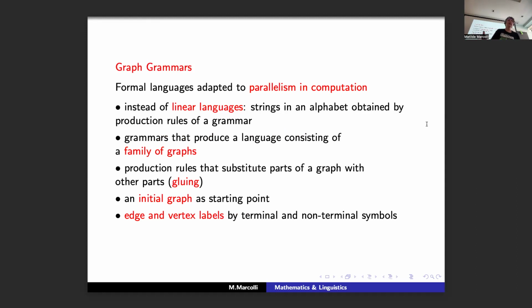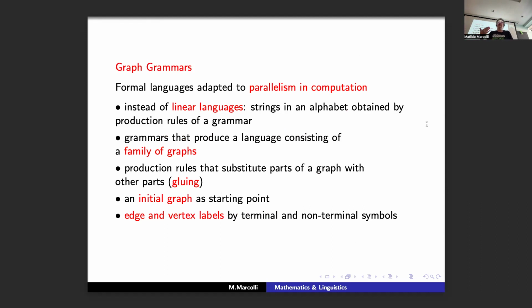So the reason actually why these graph grammars exist is because the theory of formal languages, although it was largely developed to try to understand generative linguistics and human languages, it actually turned out to be very useful in describing languages in computer science and in the theory of computation.